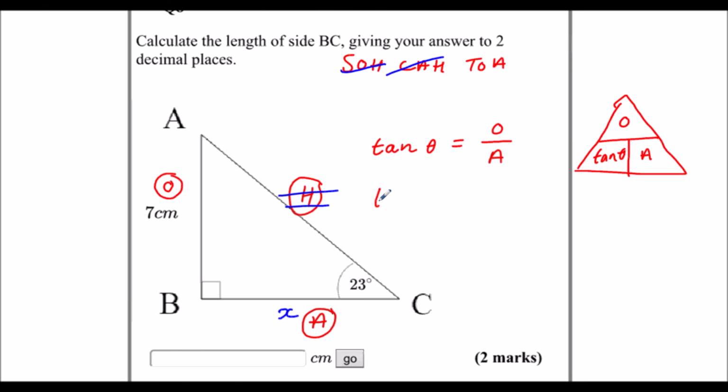So our angle is 23, so it's tan 23 equals O, which is 7, over A, which is x. So tan 23 is 7 over x.